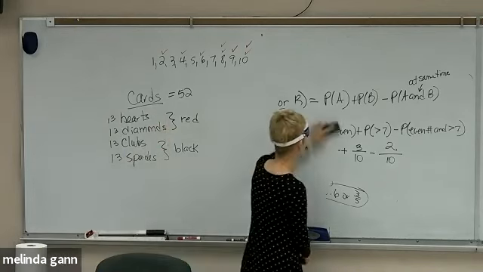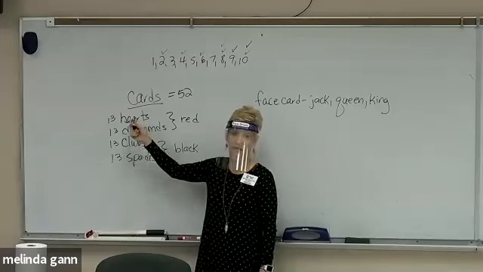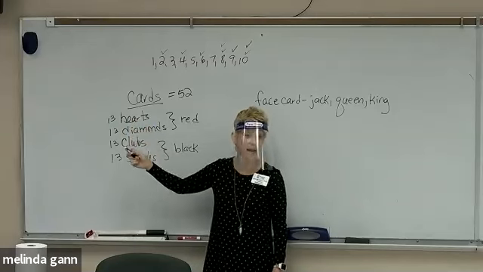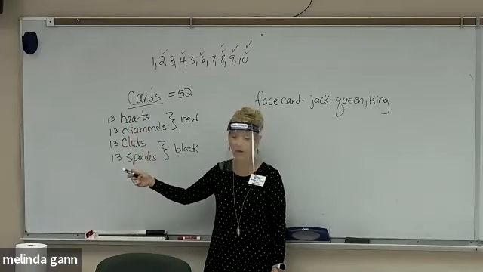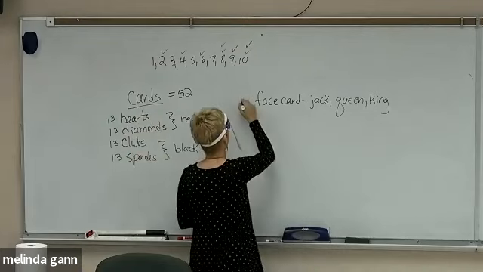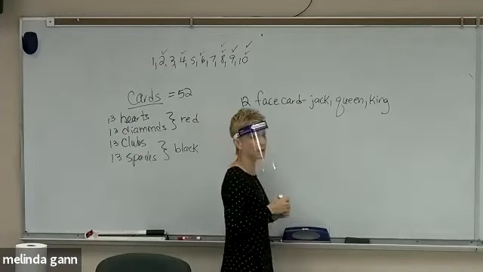So how many face cards would be in the whole deck? 12. Because I would have a Jack, Queen, and King of Hearts, and a Jack, Queen, and King of Diamonds, and a Jack, Queen, and King of Clubs, and a Jack, Queen, and King of Spades. So there's a total of 12 face cards in the whole deck.